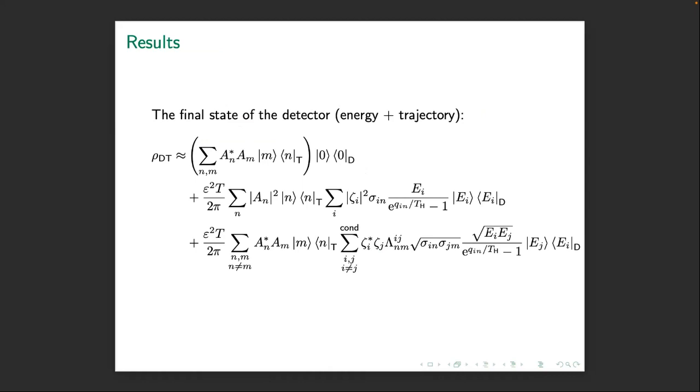So what do we get? Here in the first line, we have just the initial state of the system without the field. This corresponds to the situation in which there was no excitation, no interaction between the field and the detector.